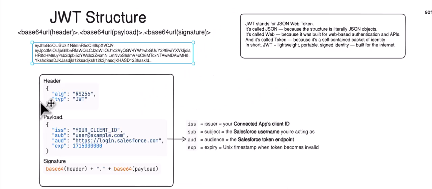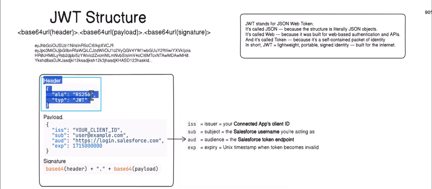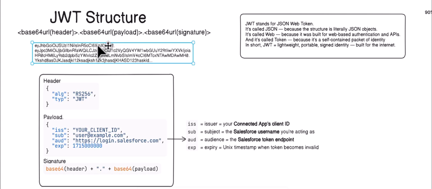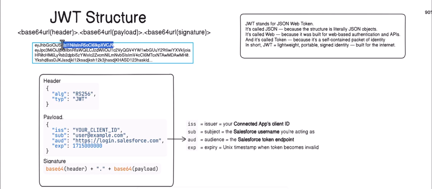So what does the final JWT look like? This is not the structure in which the client will send the JWT to the server. This is before encoding all these things. The final JWT looks like this: the first part is the base64 encoded header, then a dot, and then after the dot, the base64 encoded payload, and then a dot again, and after that the base64 encoded signature.